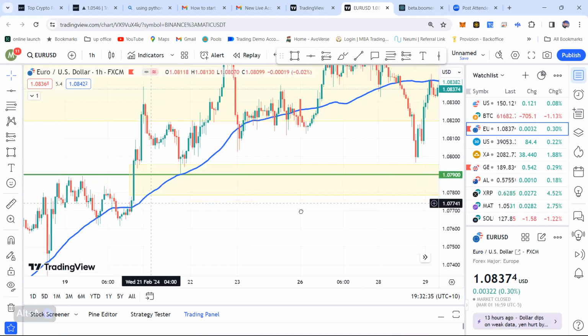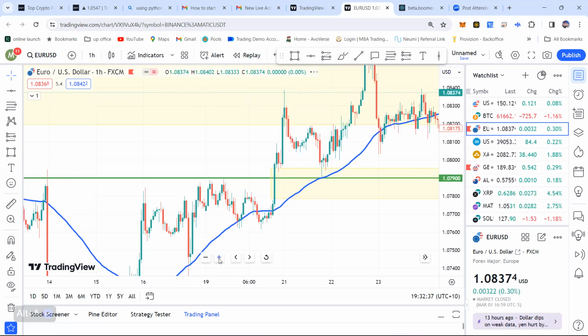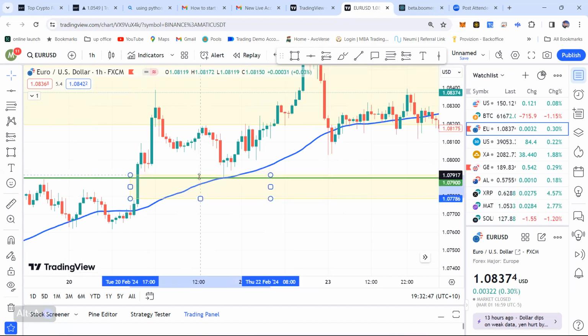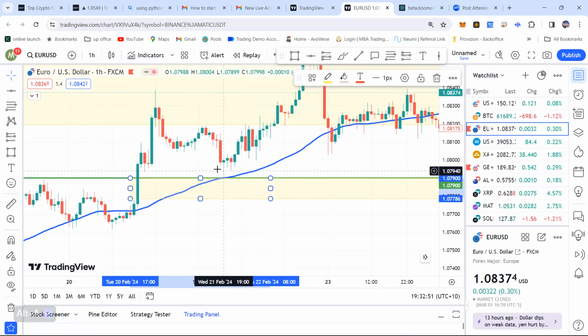I'll zoom in a bit more. So we've got the wick of this green one up to the wick of this green one. But then, it was partially mitigated on this candle here.